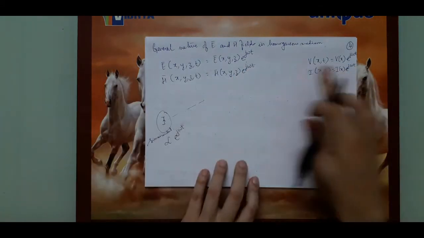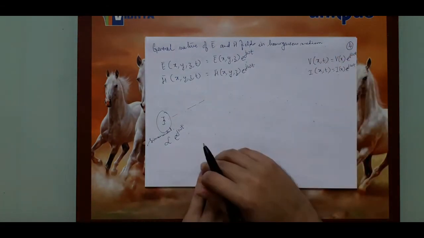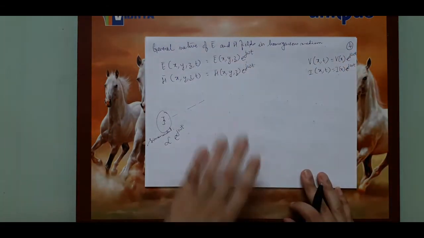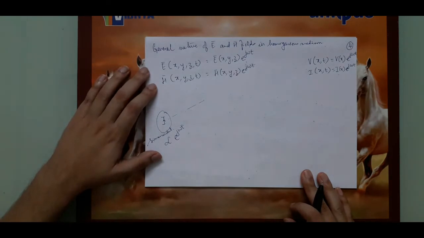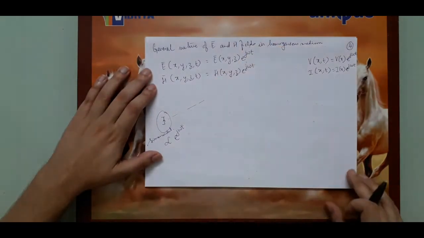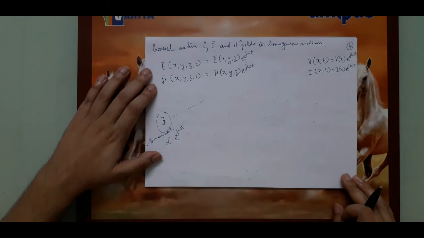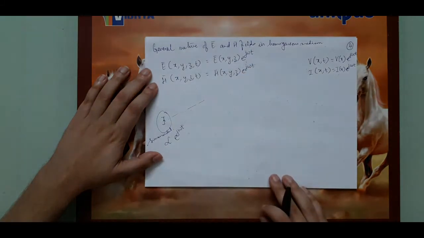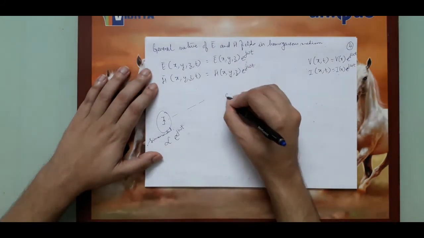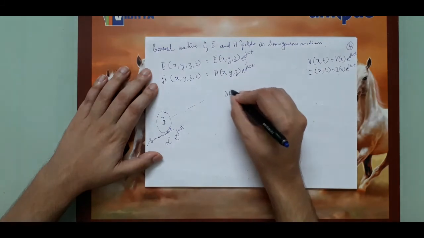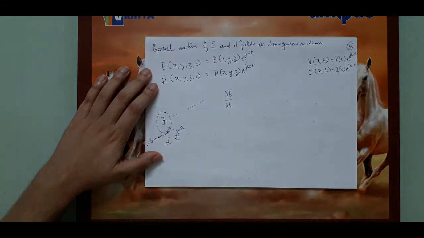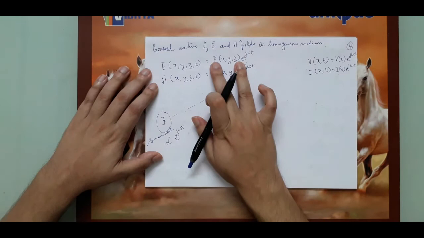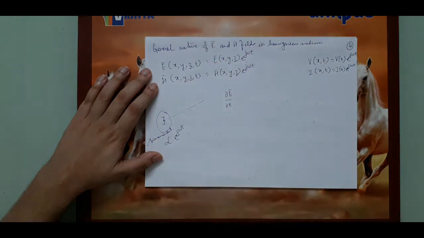Now what you can see is we are slowly correlating what we learned in transmission lines with the result of the Maxwell's equations, or rather what form in general they can be. So now if I take the time derivative of the electric field, suppose I get something of this kind. This part will act like a constant because it is not a function of time, but this part is a function of time.